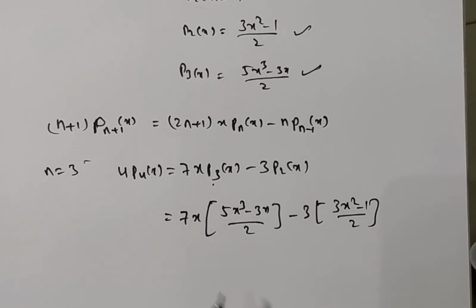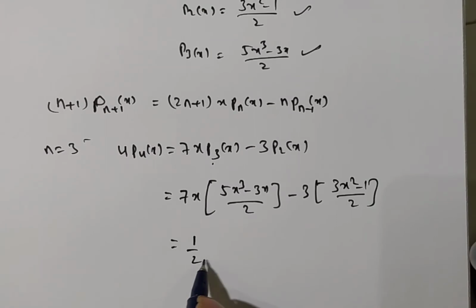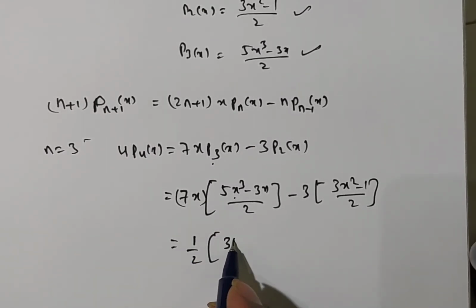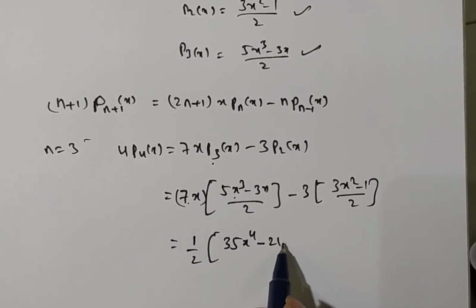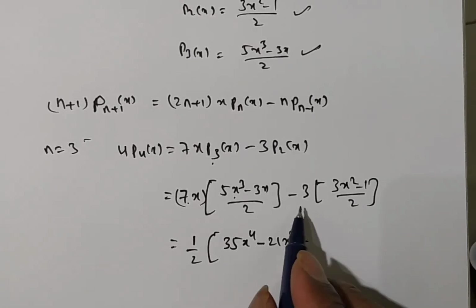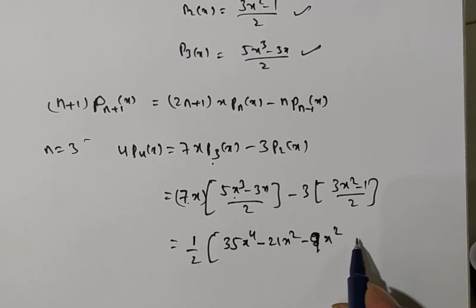From these two expressions, I can take 1/2 common. Then 1/2 times: 7x multiplied inside gives 7 into 5, 35, x³ into x is x⁴, minus 21x². Now multiply the second term inside by 3: minus into plus is minus, 3 into 3 is 9x², and minus into minus is plus 3.